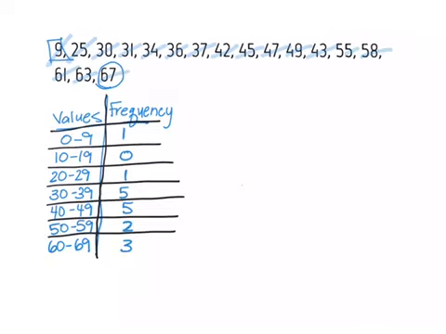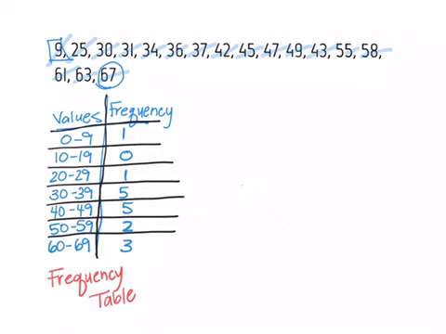So what you see here on your screen right now is a frequency table or a frequency chart. If you are asked to create one of those in Algebra 1, all that they're really asking you to make is a 2-column chart. But now we're going to use this to make a histogram.